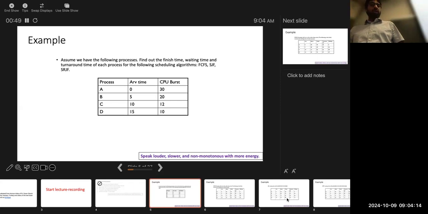So, okay, I'm not going to do the example on the board. You have to do it in your notebooks. You have 2 minutes for doing the example using the shortest job first algorithm. You need to find the finish time, the waiting time, and the turnaround time for each process using shortest job first.